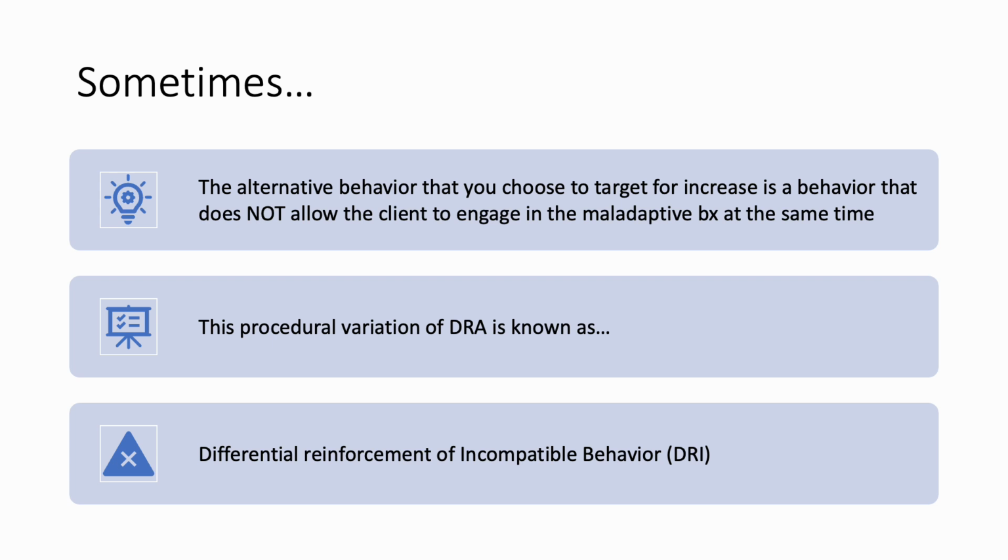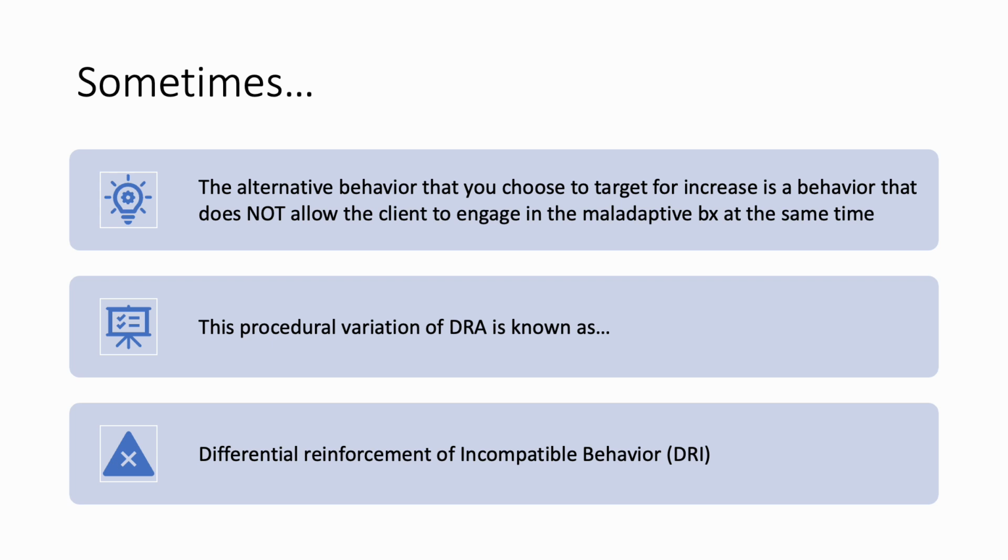Well, these two behaviors cannot occur at the same time, right? You can't engage in appropriate vocalizations and inappropriate vocalizations at the same time. That basically means that the appropriate behavior is an incompatible behavior to the maladaptive behavior. It just means that they can't occur simultaneously. So this is actually known as a procedural variation of DRA.